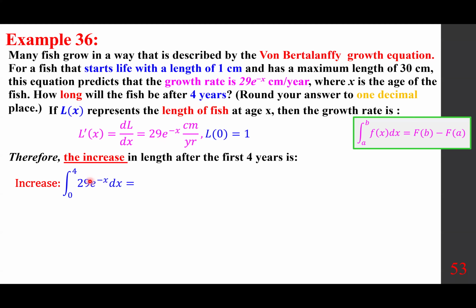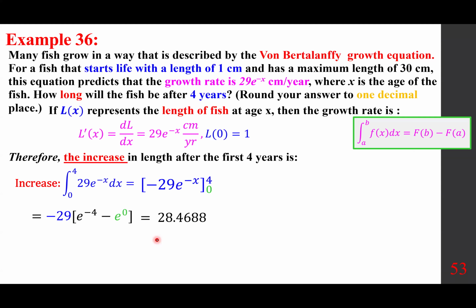You're dividing by -1, you get minus 29 e to the power minus x from 0 to 4. You plug in, you can take the -29 out, e to the power minus 4 minus e to the power of 0. And e to the power of 0 is 1, but you have to use a calculator here, and you end up with the following.